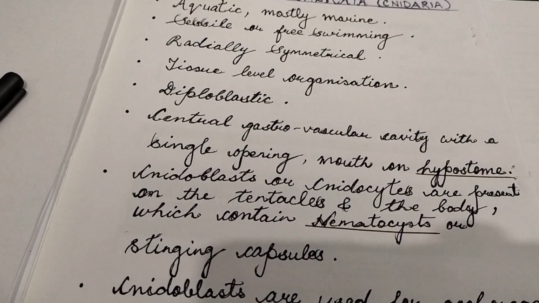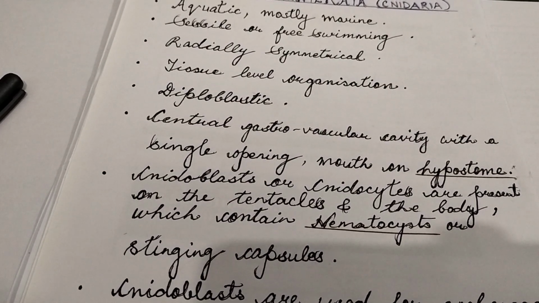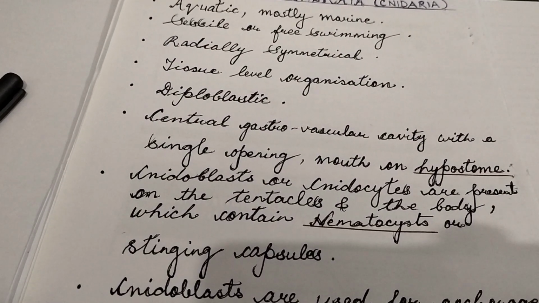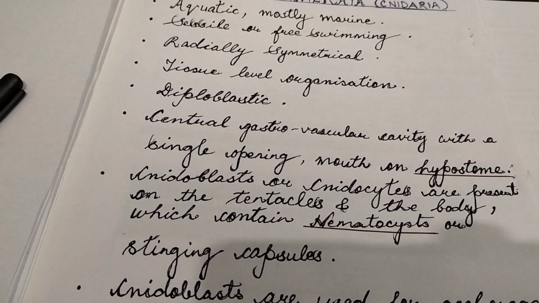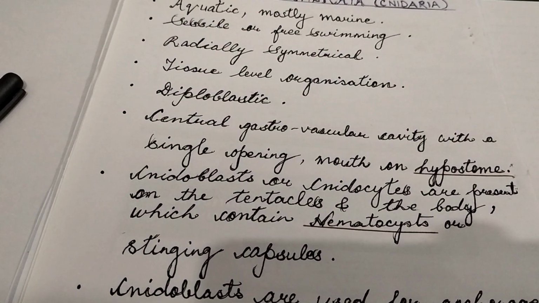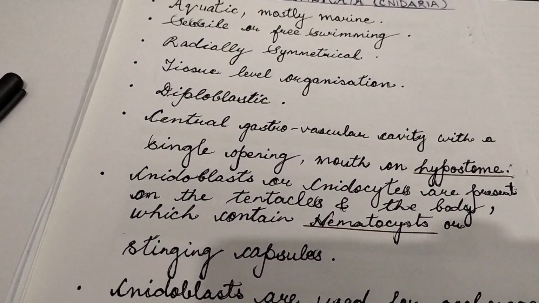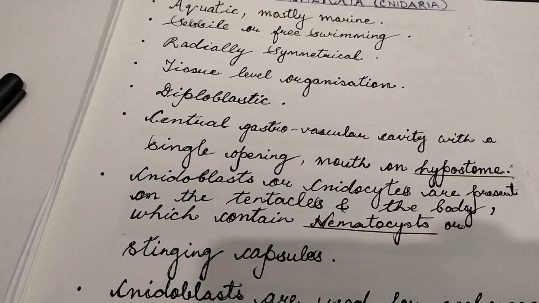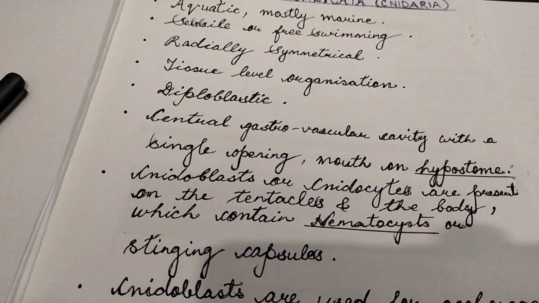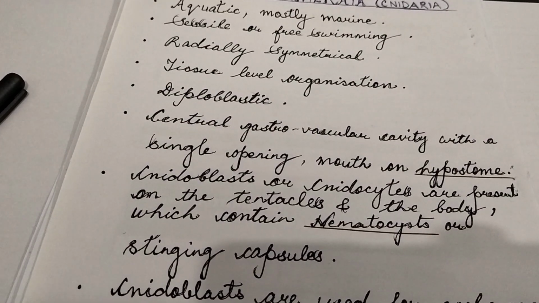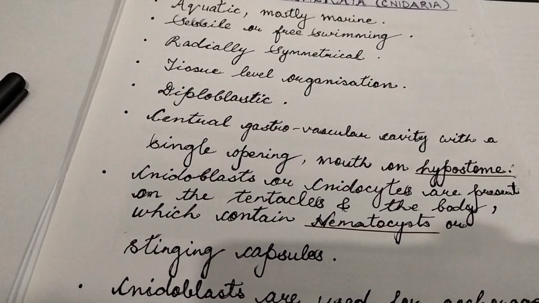So cnidoblasts or cnidocytes are present on the tentacles of the cnidarians, and these contain nematocysts or stinging capsules. And so the name is Cnidaria, because of these cnidocytes or cnidoblasts.